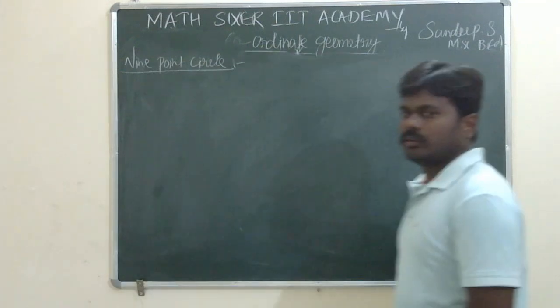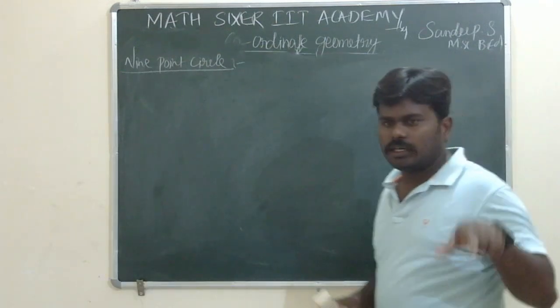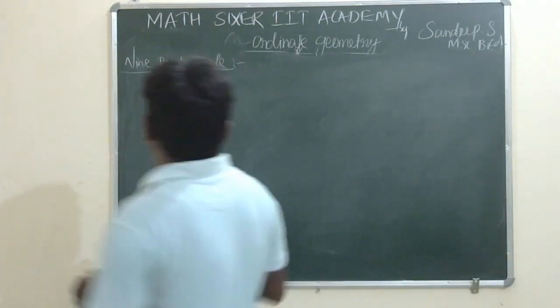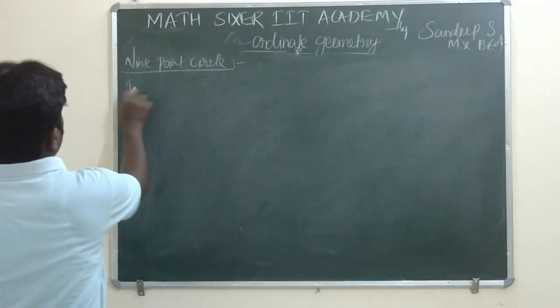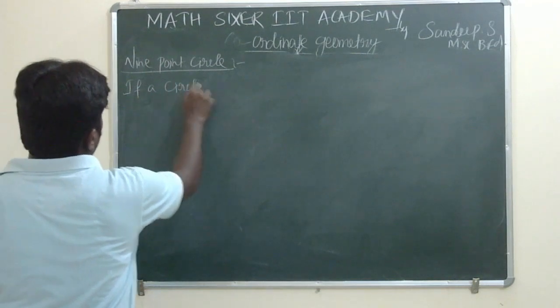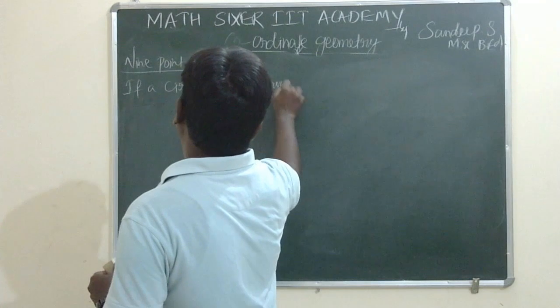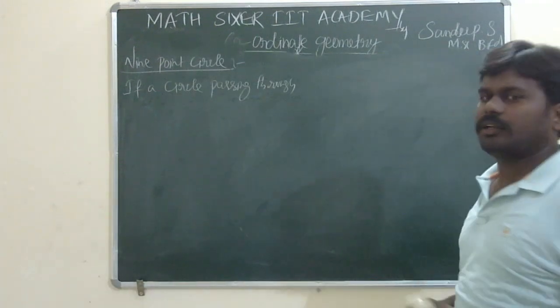If a circle passes through 9 points, it is called a 9-point circle. So what are the 9 points? I will write them now.